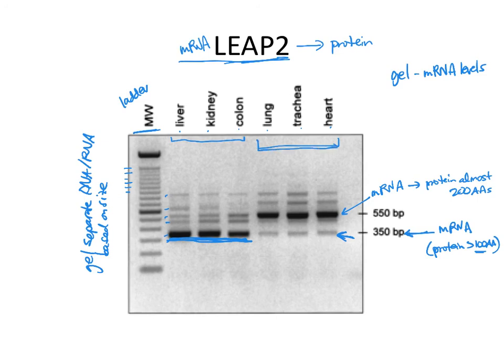So these are all the possible alternative splice variants for LEAP2 that occur in our very different tissues that have maybe slightly different jobs for the different shaped proteins.